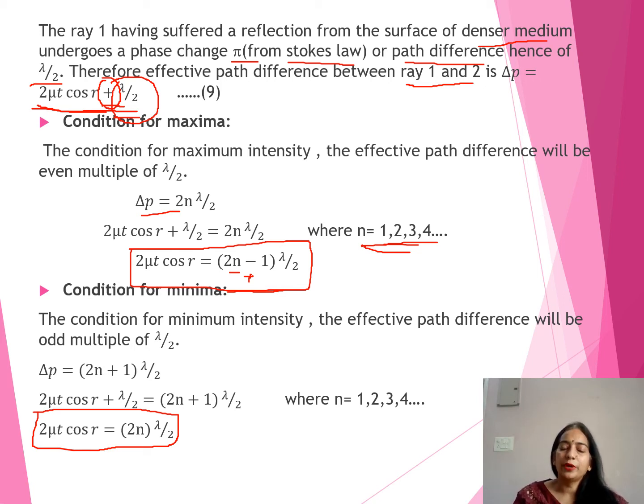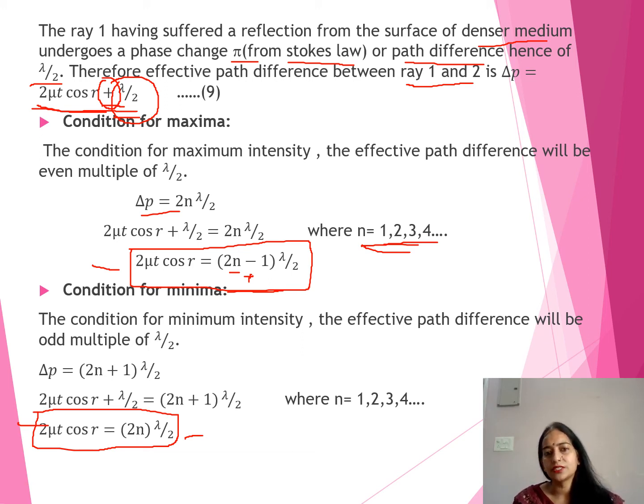So from a numerical point of view, always remember one formula, either the maximum intensity formula or the minimum intensity formula. Either you remember 2 mu t cos r equal to 2n lambda by 2 is the condition for minima, or 2 mu t cos r equal to (2n minus 1) lambda by 2 is the condition for maxima.